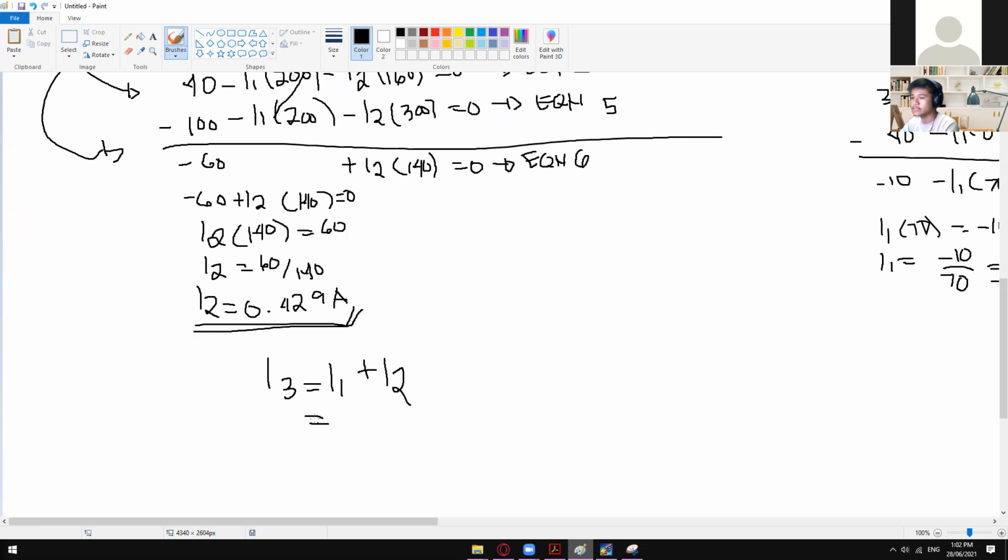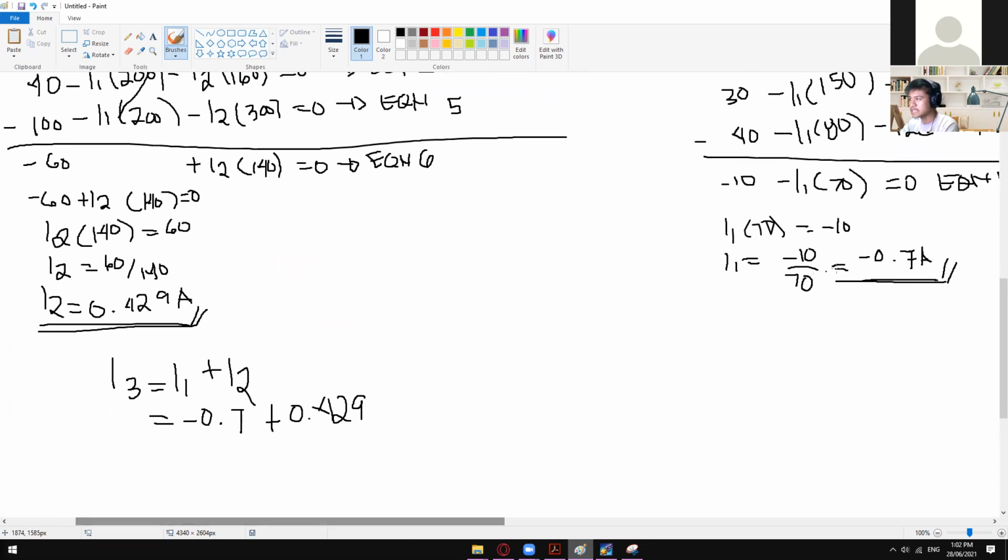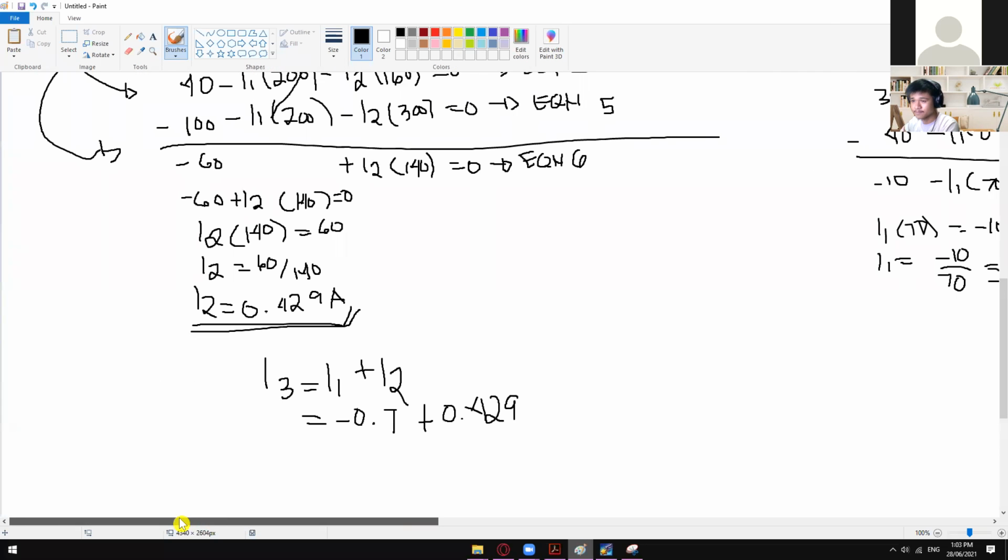So I1 is negative 0.7, plus I2 is 0.429. Take note, you still have to get the signage. Do not make this one positive yet.